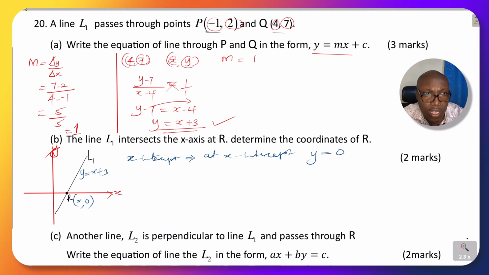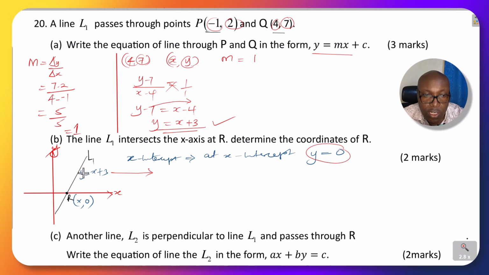So to get the x coordinate of this point, I will take this equation, y = x + 3, and at the point where it intersects the x-axis, y is equal to 0.